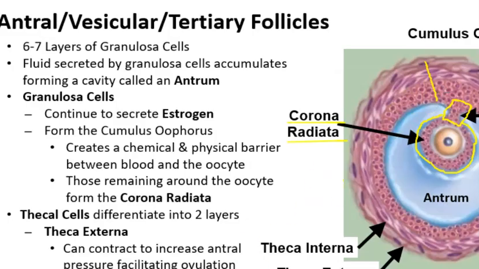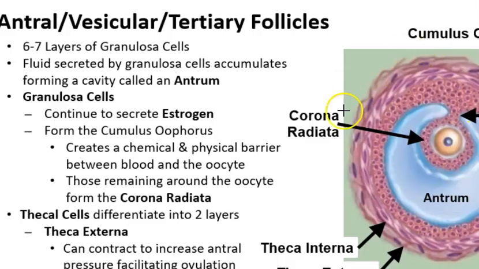So the cumulus oophorus creates a chemical and physical barrier between the blood and the oocyte. The corona radiata does as well. And so what that means is that anything that's going to get to the oocyte has to go through the cumulus oophorus.